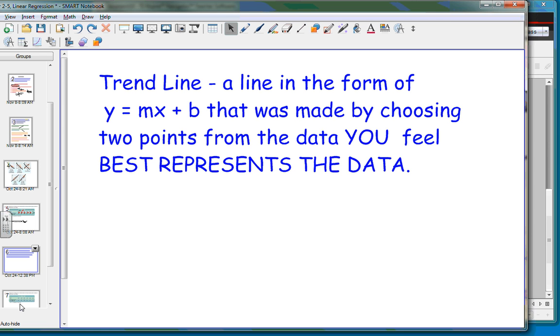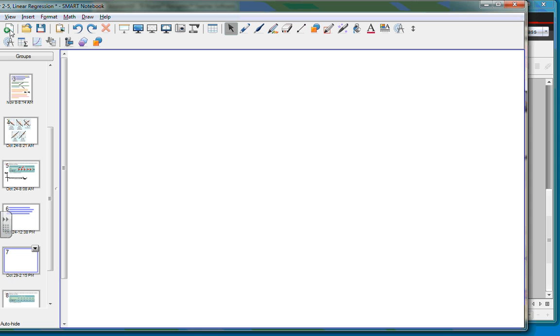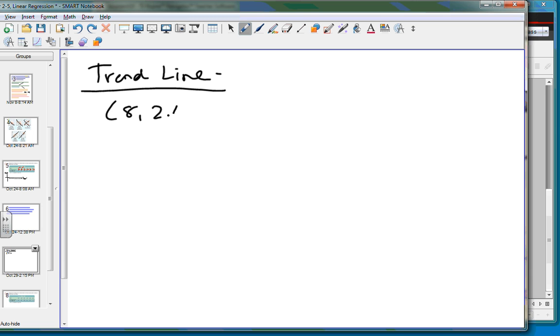Okay? So what we're going to do, get out a sheet of paper, folks, or write on the back of it, whatever you want. What we're going to do is we're going to find the trend line. We have the point 8, 2.65, and also the point 12, 3.